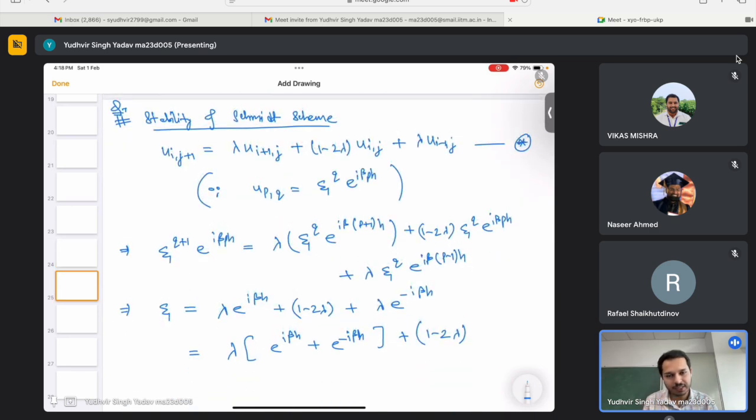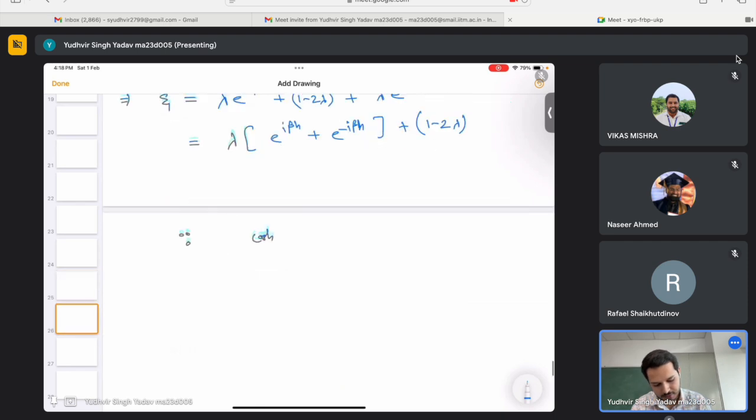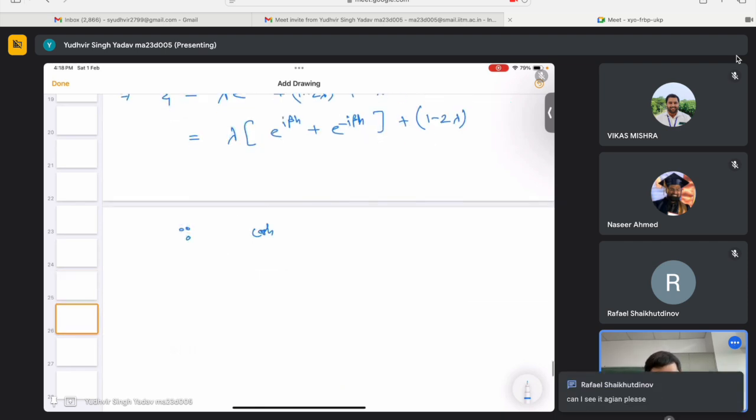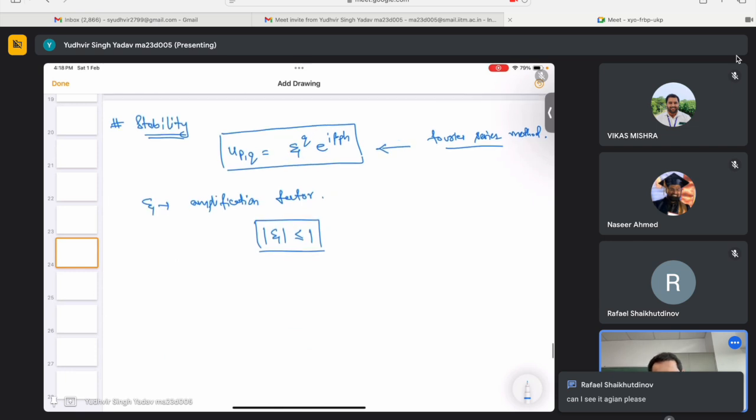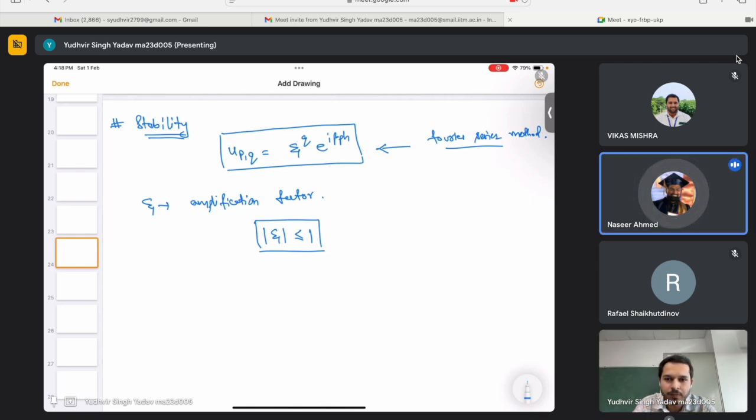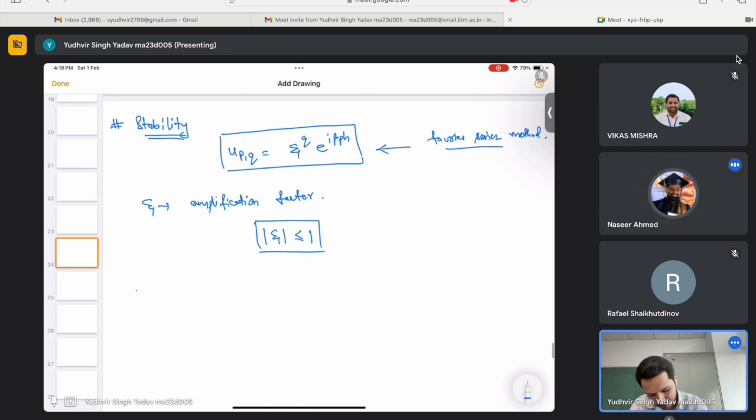So we have started with the Schmidt scheme. Yes, we can apply it for all, or you can just simply say it is von Neumann stability analysis.